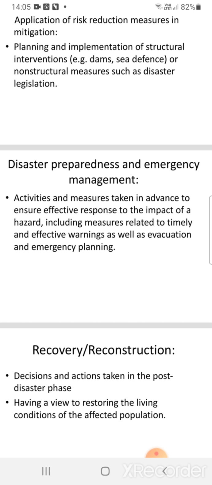In other terms, sometimes all these things together will help you. So disaster preparedness and emergency management will include the activities and measures which are taken in advance to fight the particular situation, which will include the warnings, evacuation measures, emergency plannings, all those things.